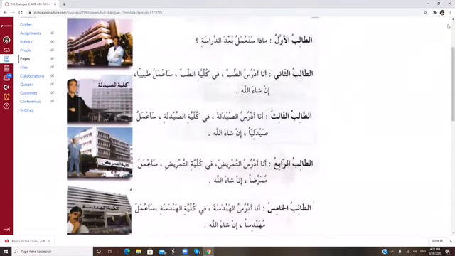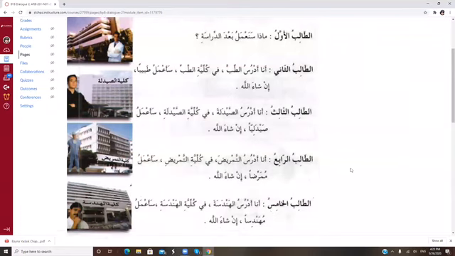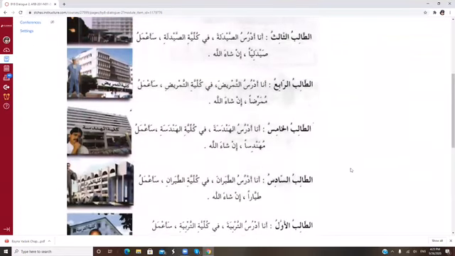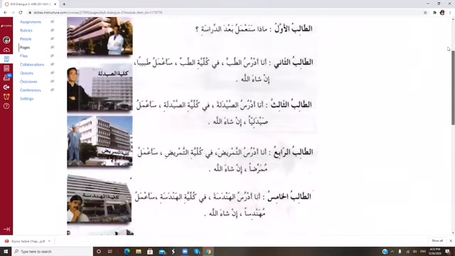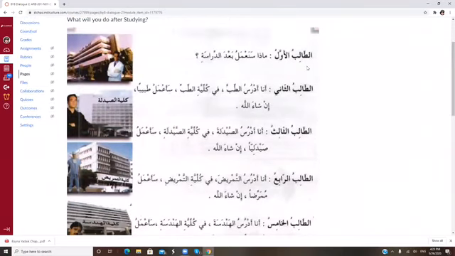Also here we have al-awwal, the first, al-thani, the second, al-thalith, the third, ar-rabi', the fourth, al-khamis, the fifth, and as-sadis, the sixth. So those are your ordinal numbers. Okay, let me read it.